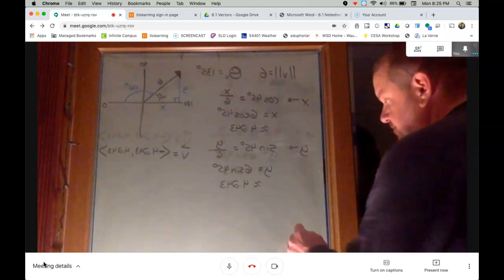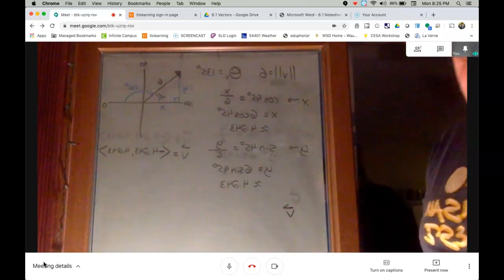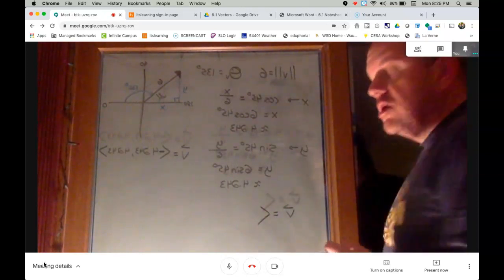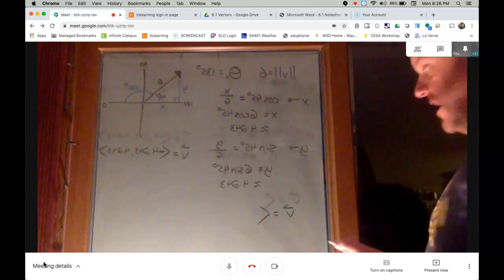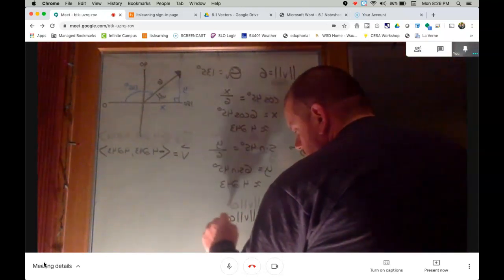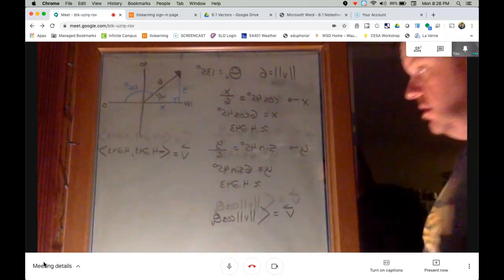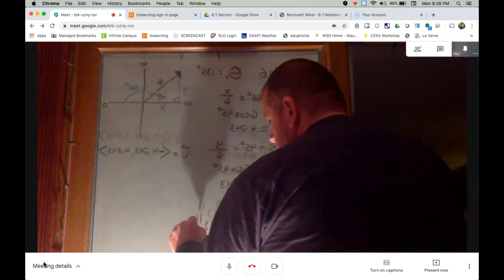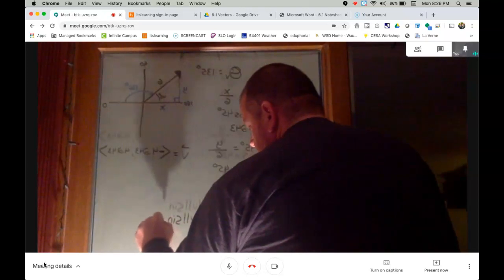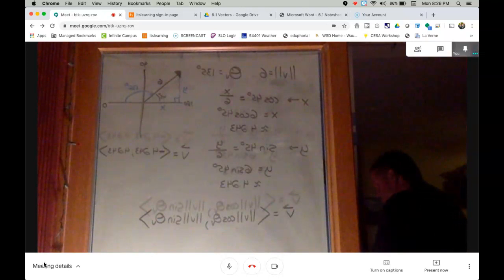In general, any vector, let's call it vector V, the component form of the vector is going to be equal to the magnitude times the cosine of the direction angle, comma, the magnitude times the sine of the direction angle.